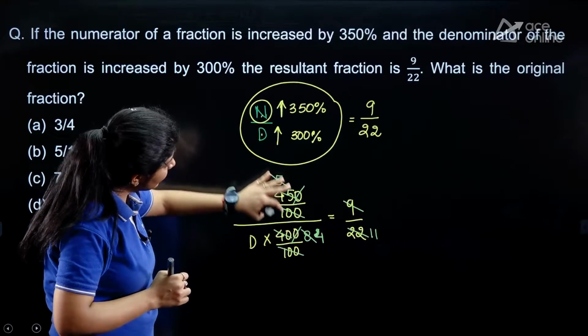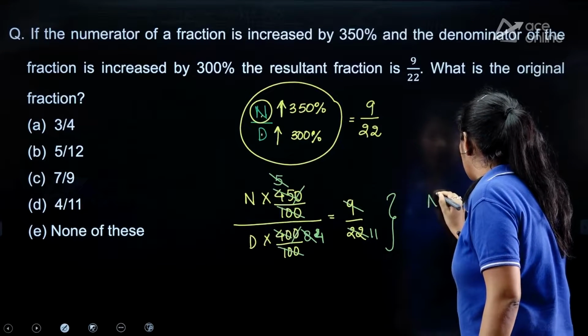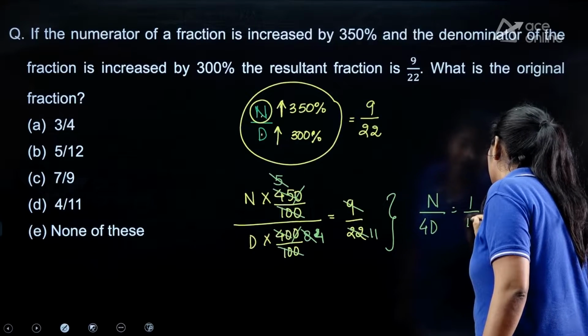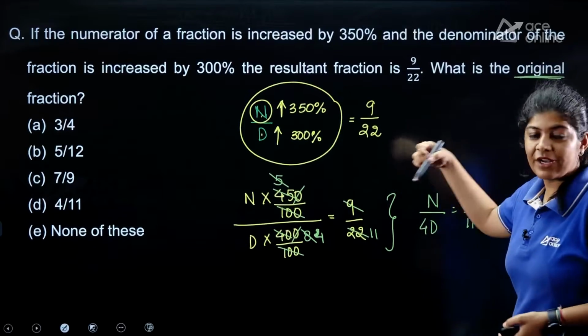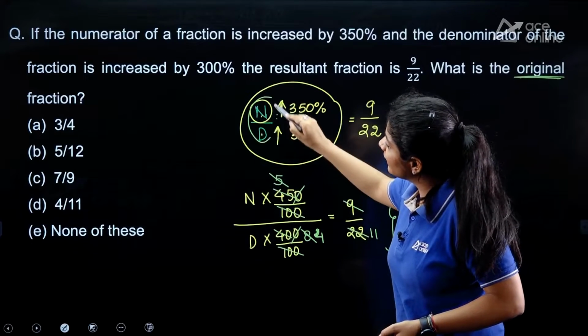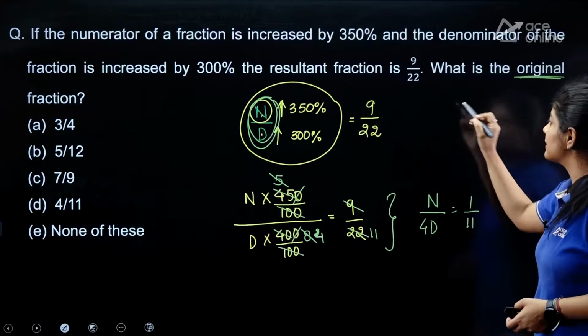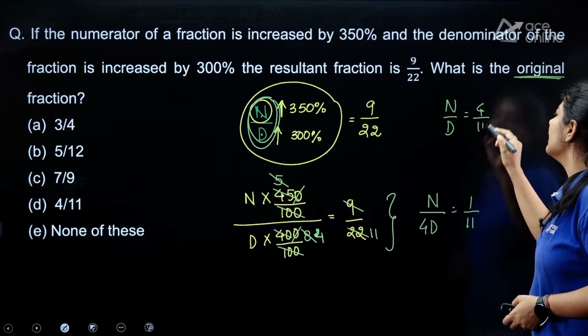So the only thing that we are getting from this is N by 4D equals 1 by 11. But we need to find out the original fraction, and the original fraction is nothing but N by D. So I'll simply transfer this 4 to this side, and the original fraction that we got over here is 4 by 11.